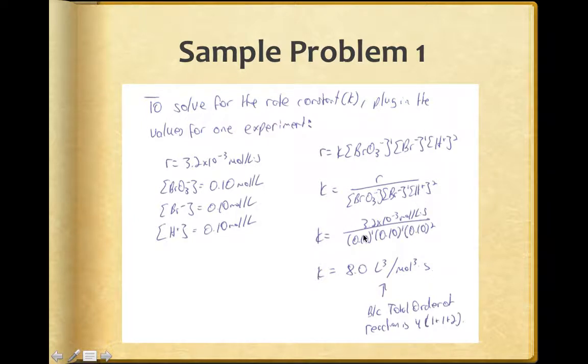I plugged in the values that we had from one run, and then we solve for the value for K. Now, because the overall order of the reaction is 4, we have 1 plus 1 plus 2, so it's 4. Our units for K are going to be 1 less than that. So we have liters cubed over moles cubed seconds. Okay, so we can always use the total order to figure out the units for K.